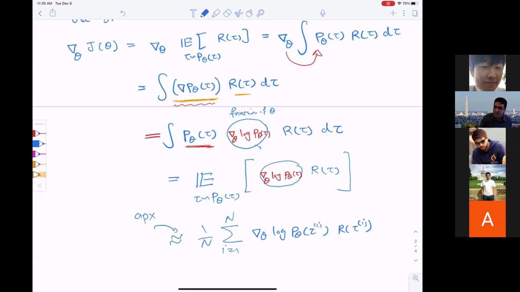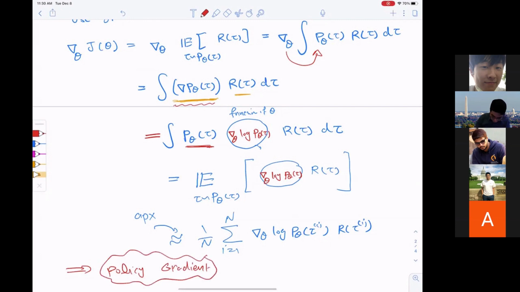This is the key idea of the policy gradient algorithm. So that's it. That's the whole idea.